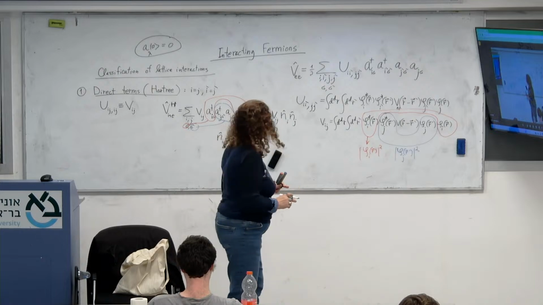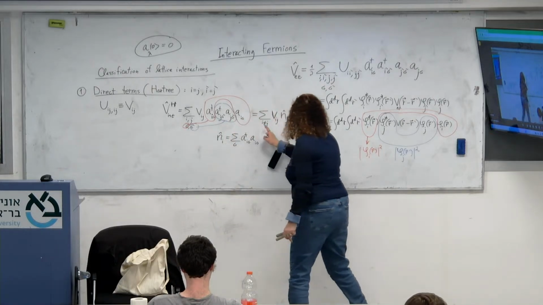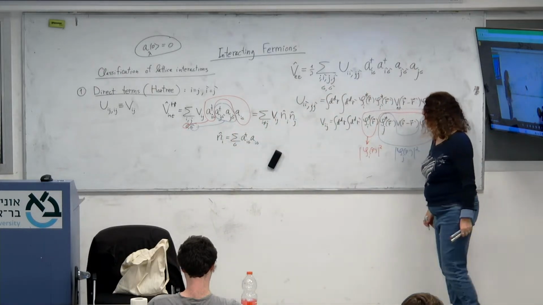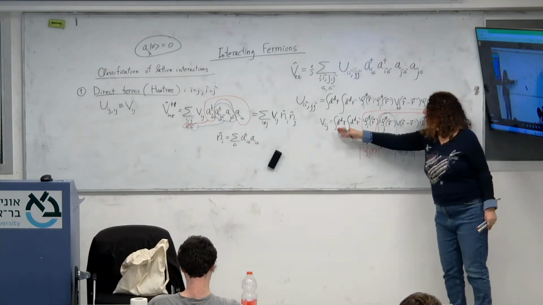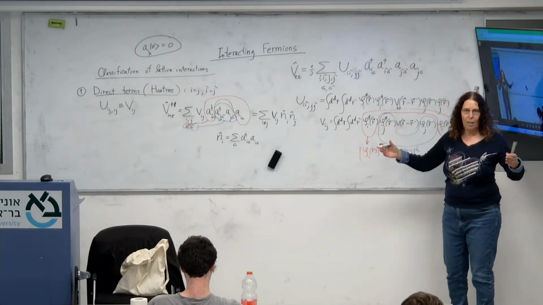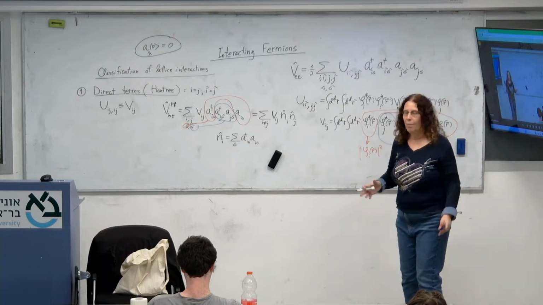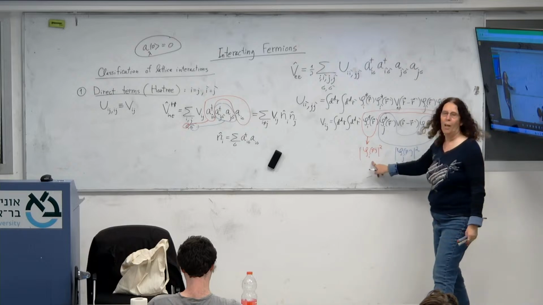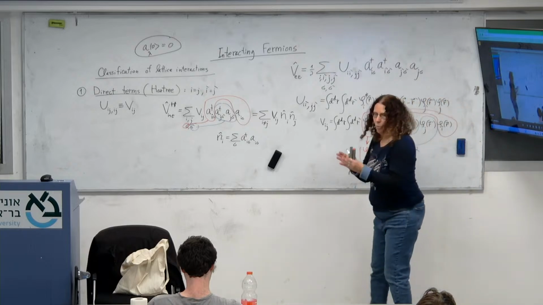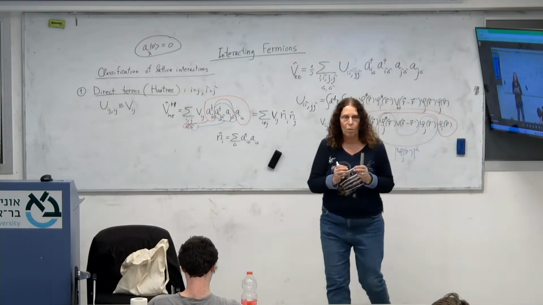It's fully local. But for I different from J, depending on the distance, it will typically decay exponentially, because of the overlap of these two very well localized wave functions, okay?